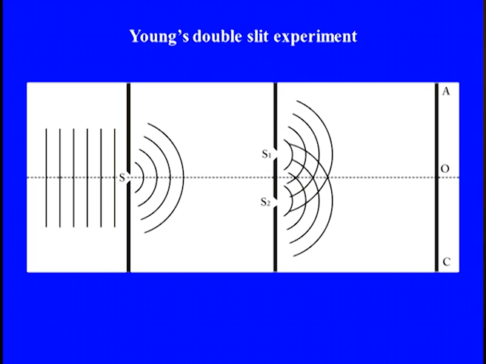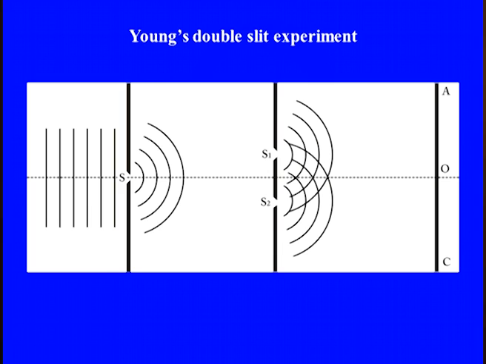The two sets of cylindrical wavefronts emerging from the slits S1 and S2 interfere with each other to form an interference pattern on the screen AC placed at some distance in front of the plane containing the two slits.